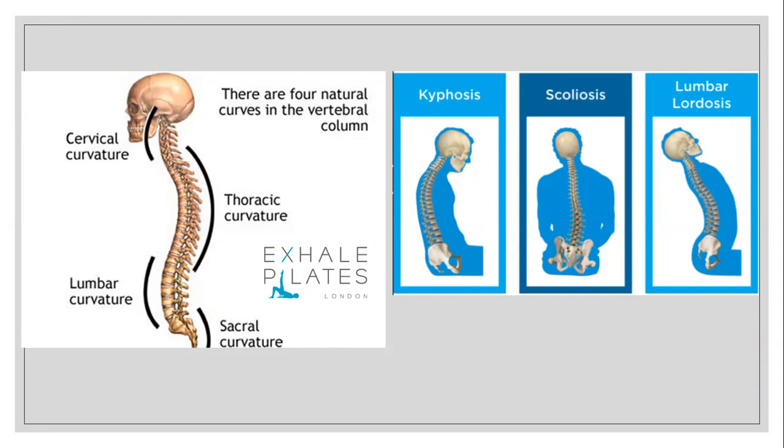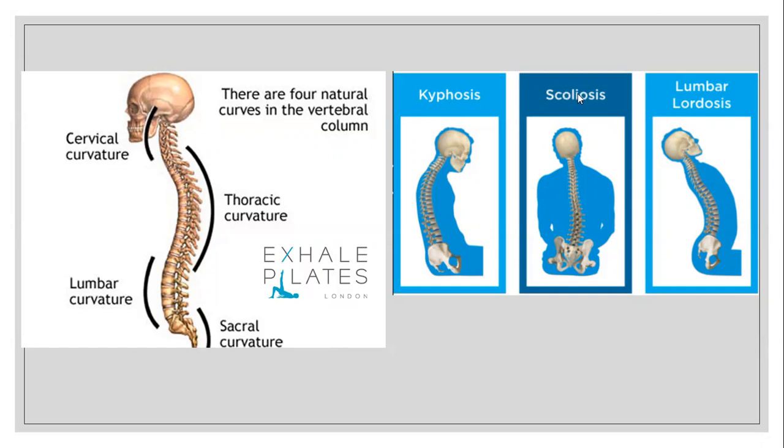If you ask me what the difference is between scoliosis and kyphosis: scoliosis is defined as an abnormal curvature of the spine when viewed from the front, while kyphosis is a forward rounding of the spine.